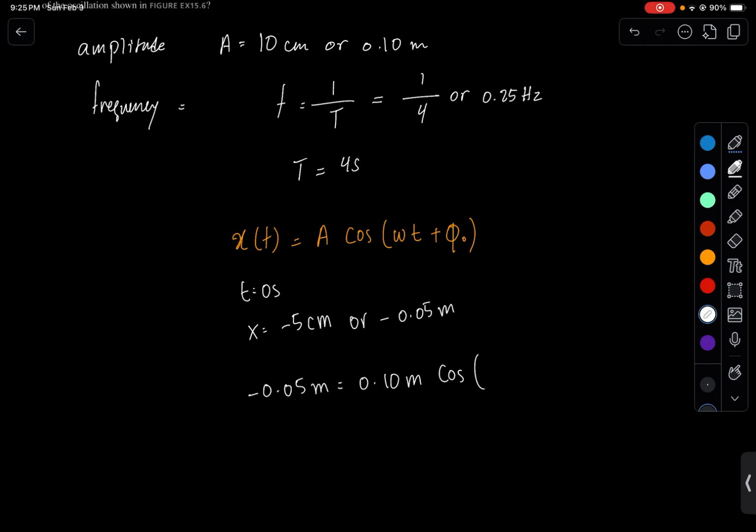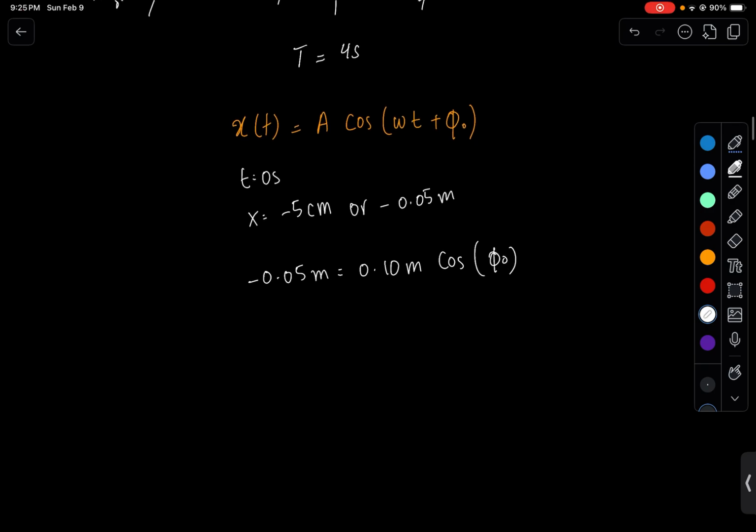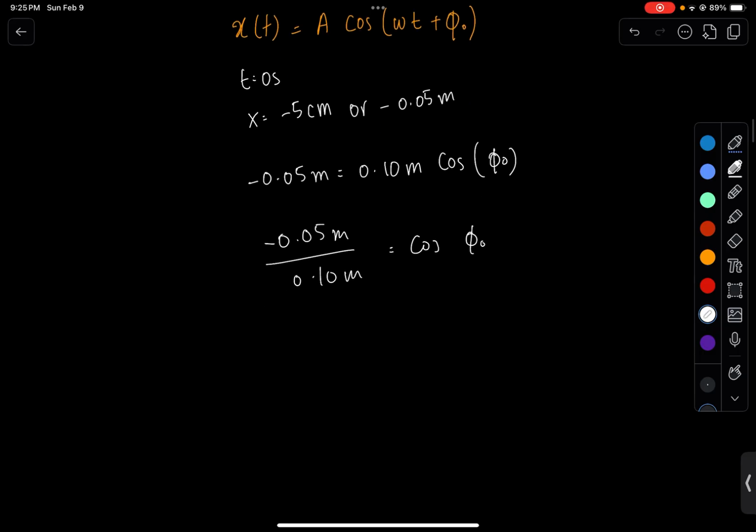So it's going to be cosine of the phase constant. Let's do this easy equation. Minus 0.05 meter divided by 0.10 meter equals cosine of phase constant. Let's take cosine to the other side. It becomes arc cosine of this value. Let me plug it into my calculator.